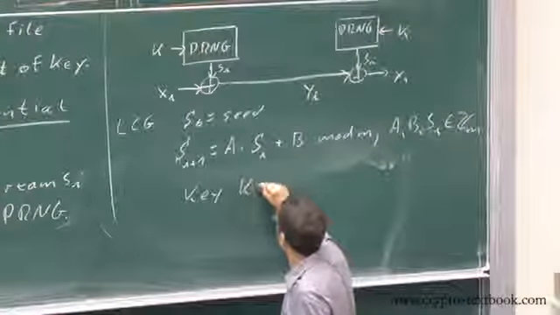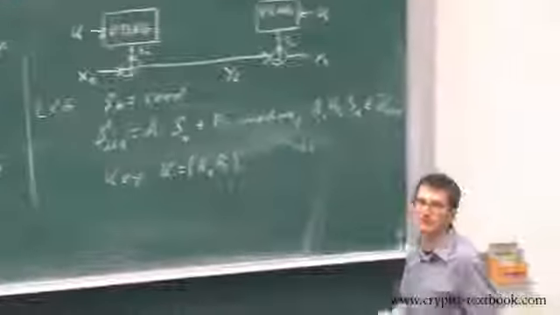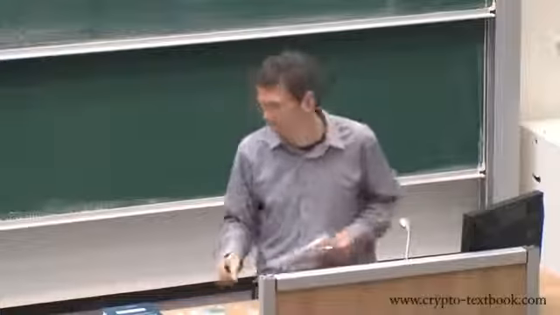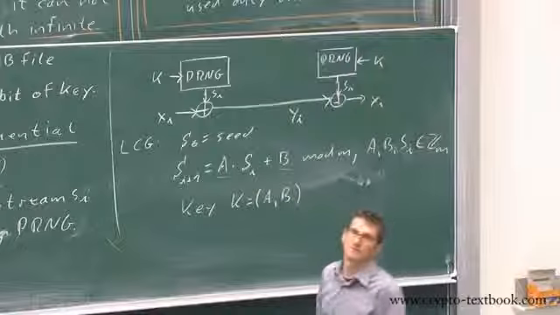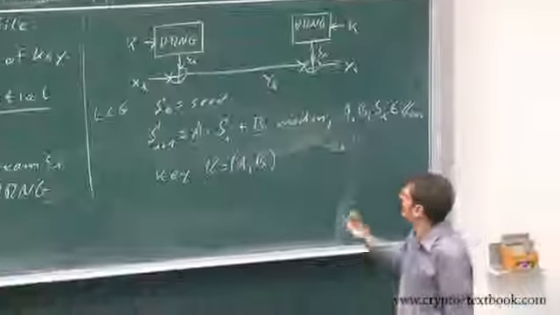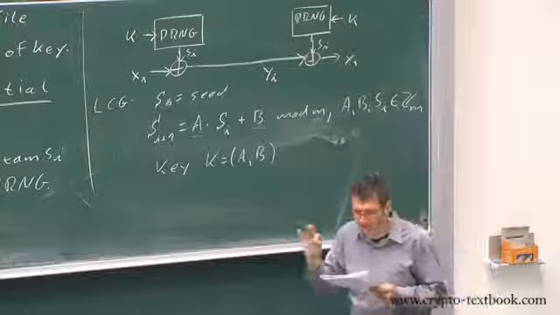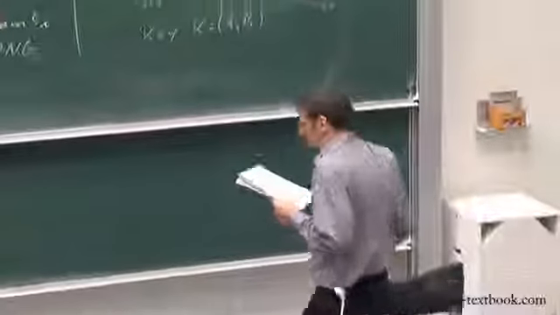The key K is comprised of the two values A and B. That's the key in the system. To keep things simple, we assume that m is known to the attacker.